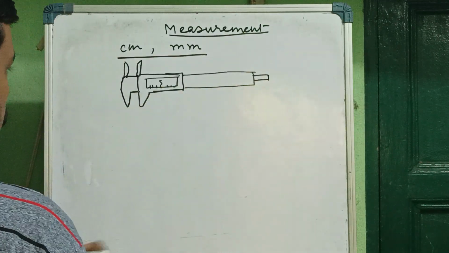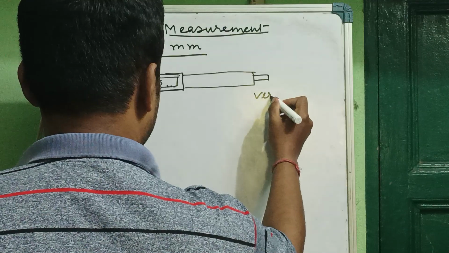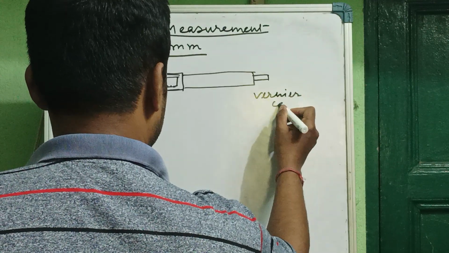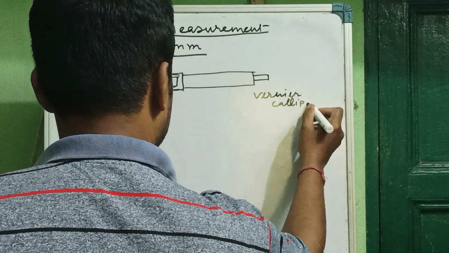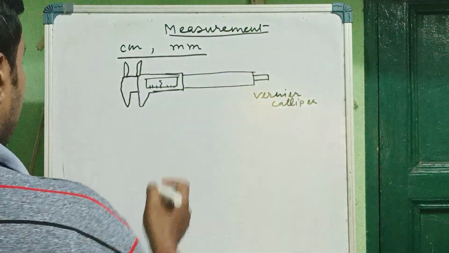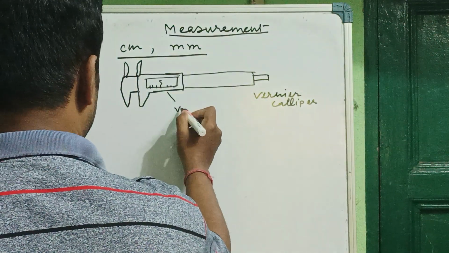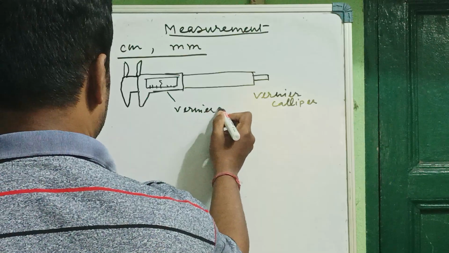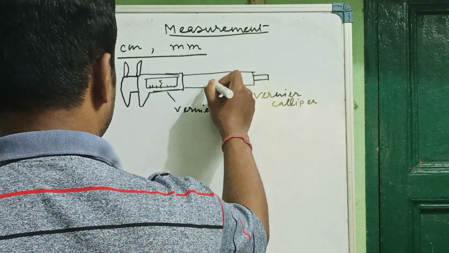So this is a Vernier caliper, or caliper scale. The Vernier caliper has a Vernier scale, and this is the main scale.